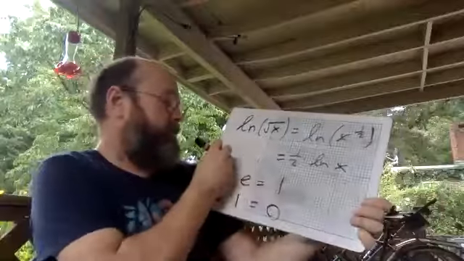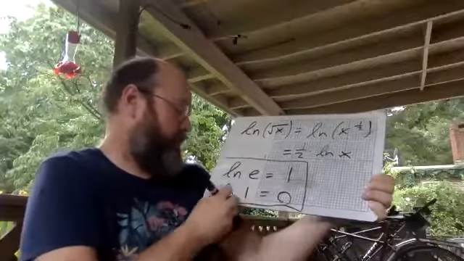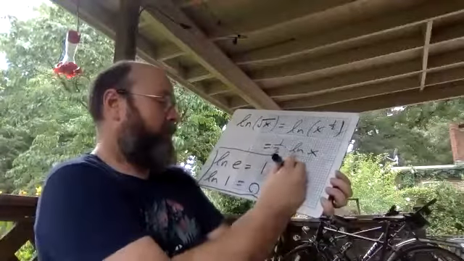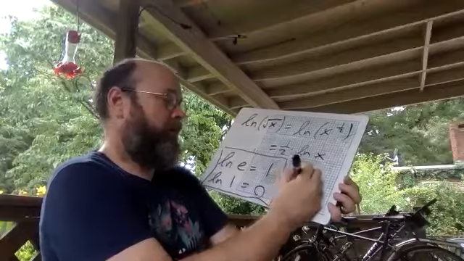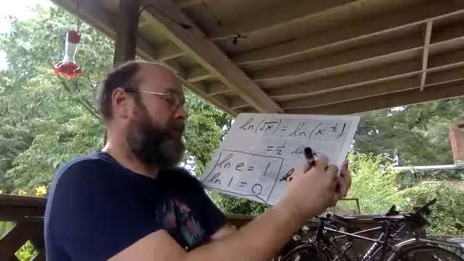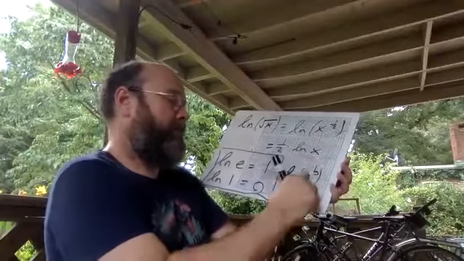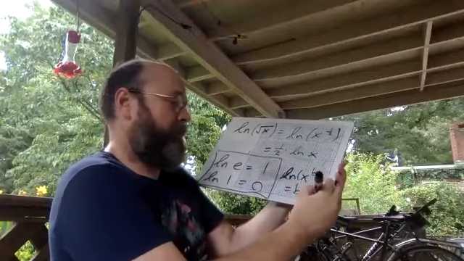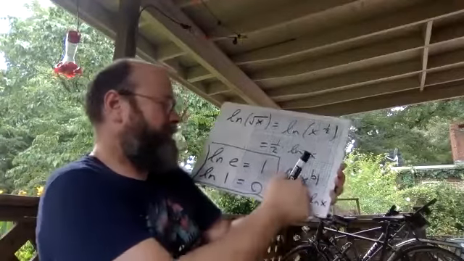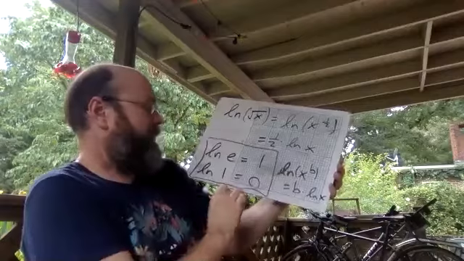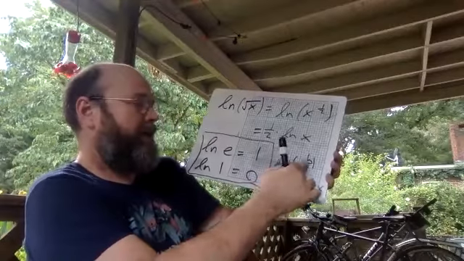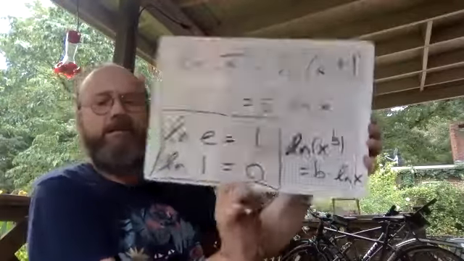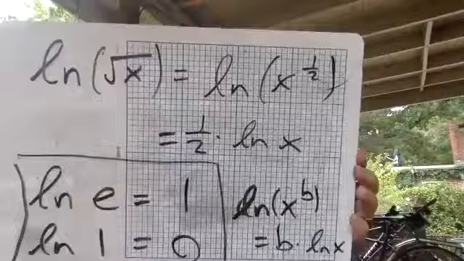I'd say that these are the two most important properties of logarithms, along with the natural log of x to the b is equal to b times the natural log of x. I think I messed up when I wrote that before on the previous slide, when I had a to the b and I put x over here. So please excuse that typo retroactively.